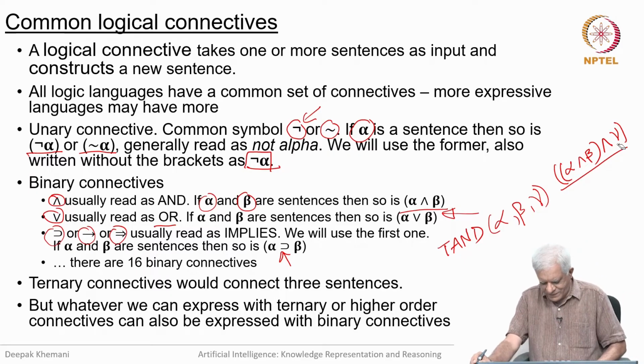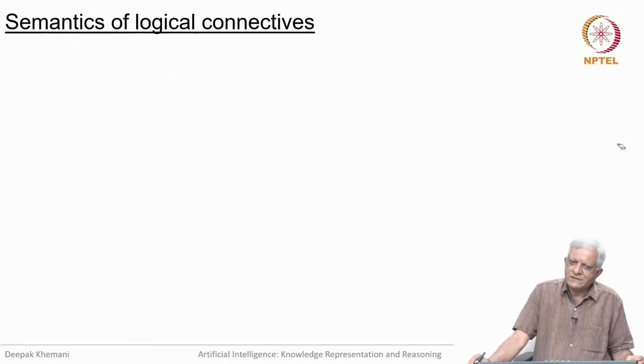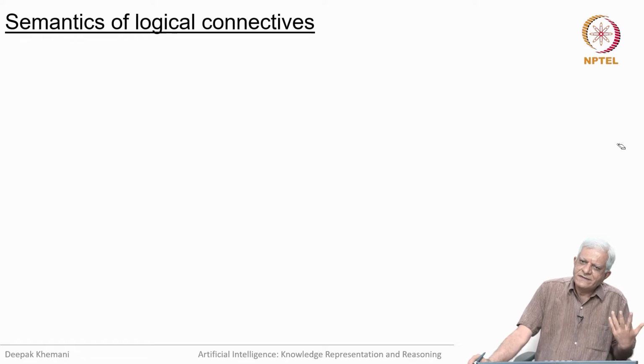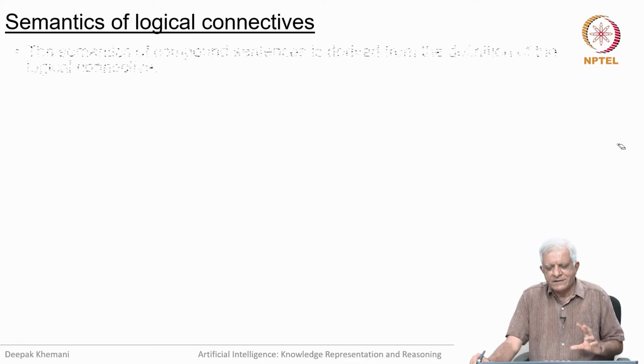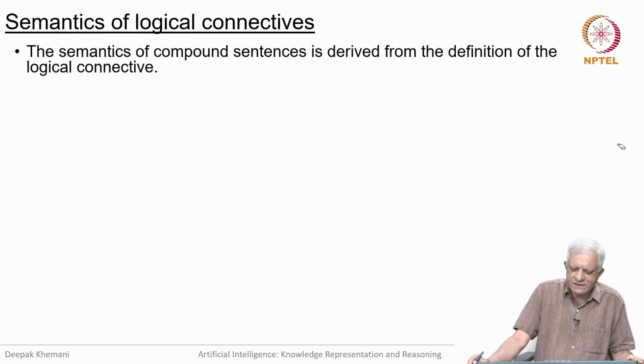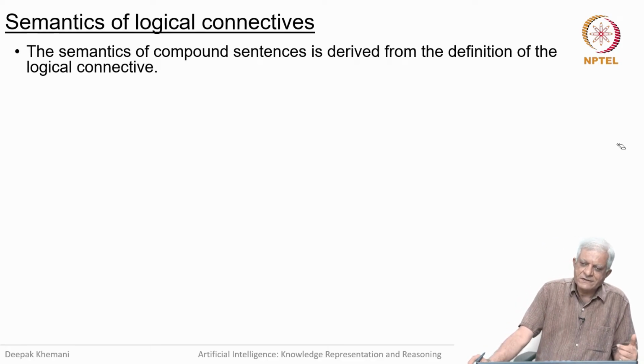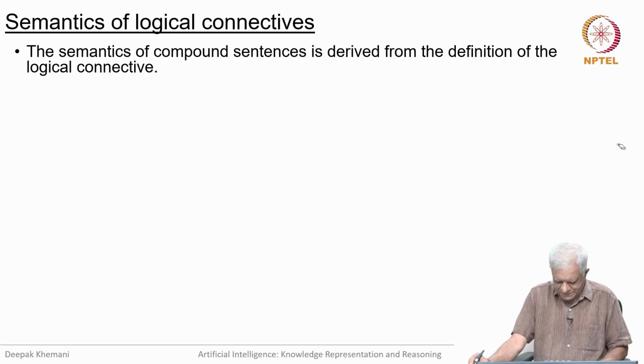When we say that we are talking about semantics of logical connectives, then we are saying how the meaning or the truth value of the compound sentence is determined, and that is determined by the definition of the logical connective. So, the semantics of compound sentences is derived from the definition of the logical connectives.